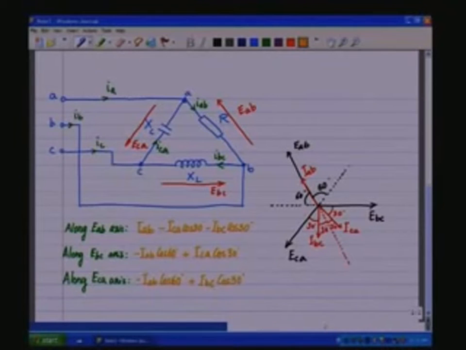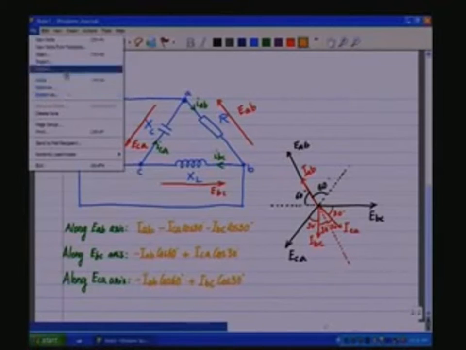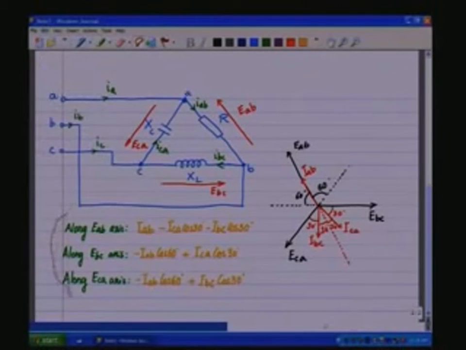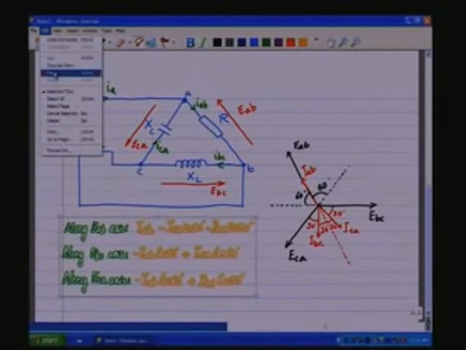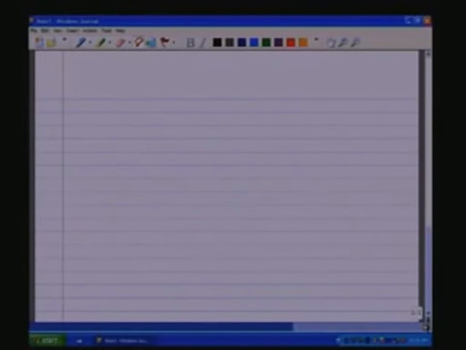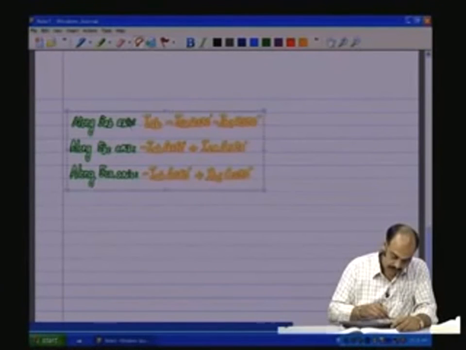Equivalently, we can say that these are currents which are in phase with the EAB, EBC and ECA axes, like equivalent resistive loads put along these lines. So, let us take this, copy, go to the next page, and paste this.